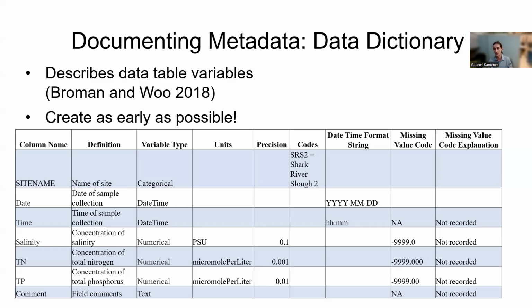Are they precise to 1 decimal place, 3 decimal places? It also covers the meanings of any categorical codes, how the date and time data are formatted, and defining the missing value codes and what they mean.